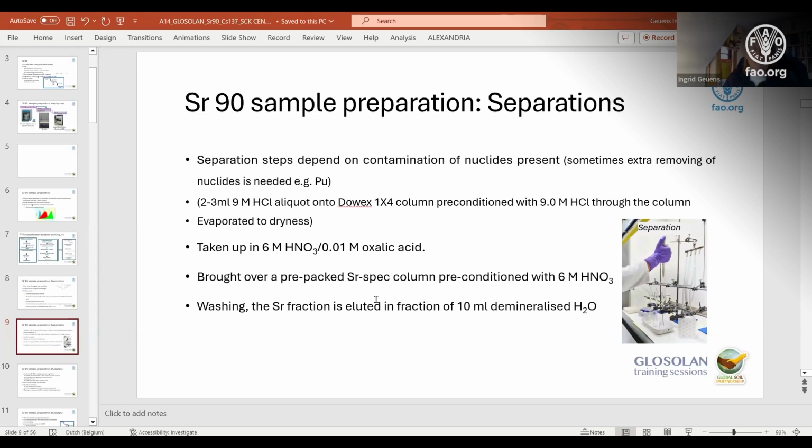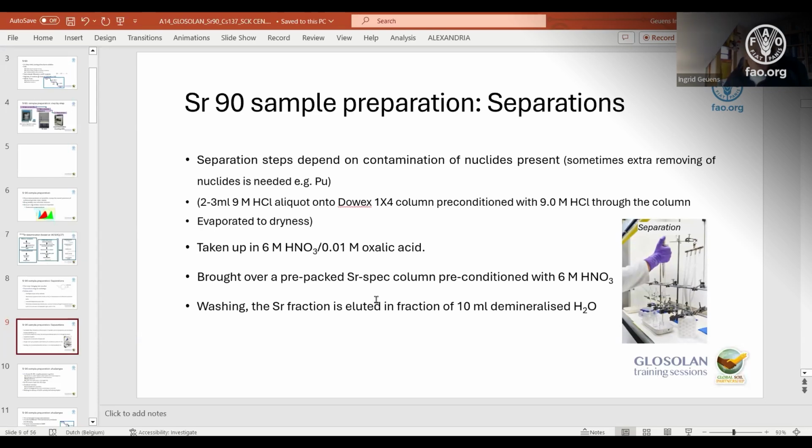We bring the dry material into that solution, and that solution is then brought over a pre-packed strontium spec column, preconditioned also with 6 molar nitric acid. The columns you can find on the internet. We use, for example, the TrisKem columns, but there are other manufacturers that also sell those columns.